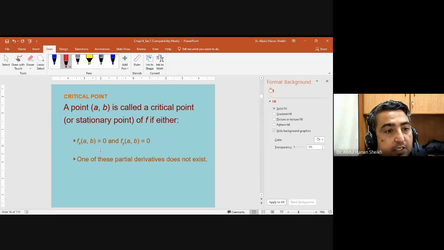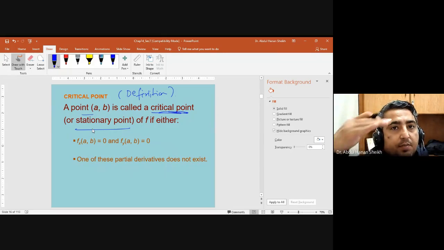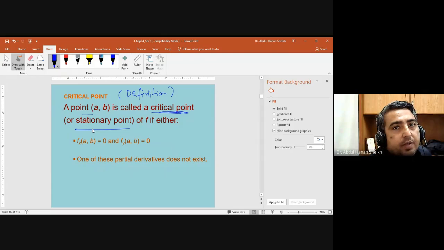Now there is another definition basically. You can take it as a definition: a point is called a critical point or a stationary point. Stationary because it is stagnant, the point where the tangent slope is not moving, in a standing position.